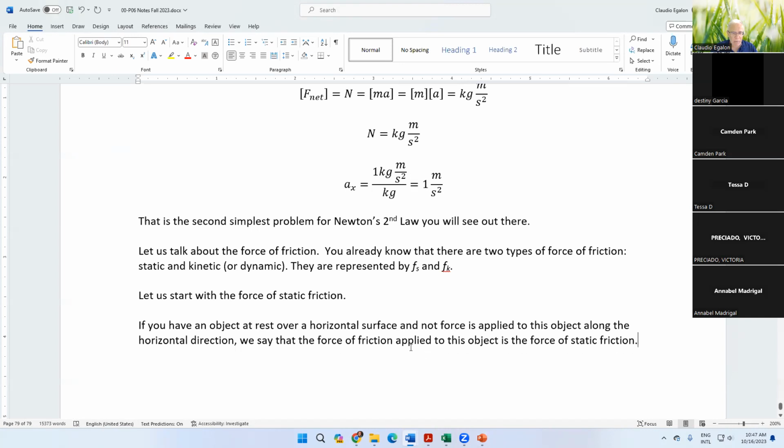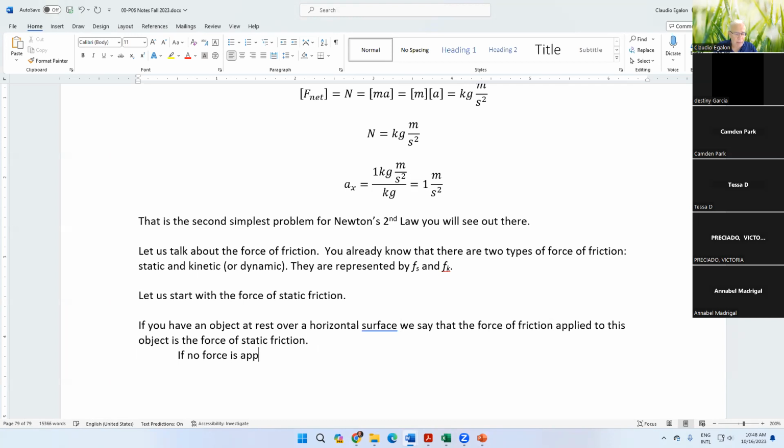If you have an object at rest over a horizontal surface, we say that the force of friction applied to this object is a force of static friction. Okay? If no force is applied to this object, then the force of static friction is 0.